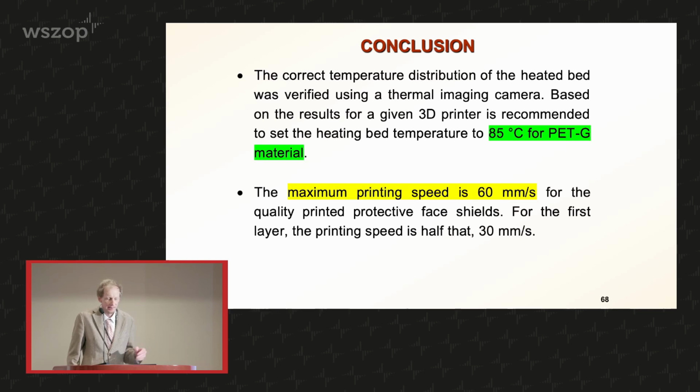This is ideal for obtaining high quality face protective shields. And on this picture, you can see the final shields, and on the next picture, you can see my colleagues who helped me with completion of the protective face shields.